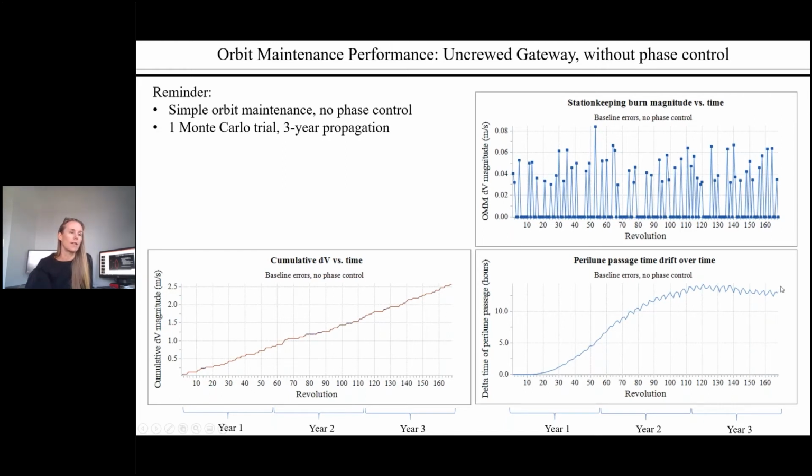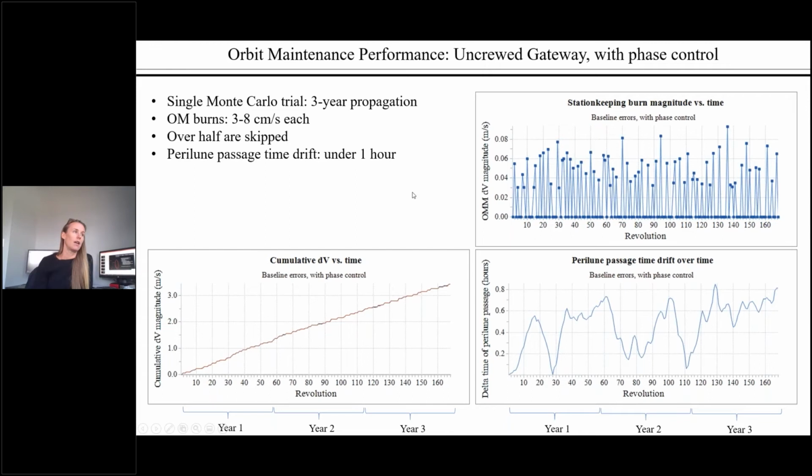So now we'll add phase control, and you can see another single Monte Carlo trial. You can see that the delta Vs for each maneuver are between 3 centimeters per second and 8 or 10 centimeters per second. Again, we skip over half of the burns, so we don't have to perform them. But our perilune passage time drift is under an hour the whole time.